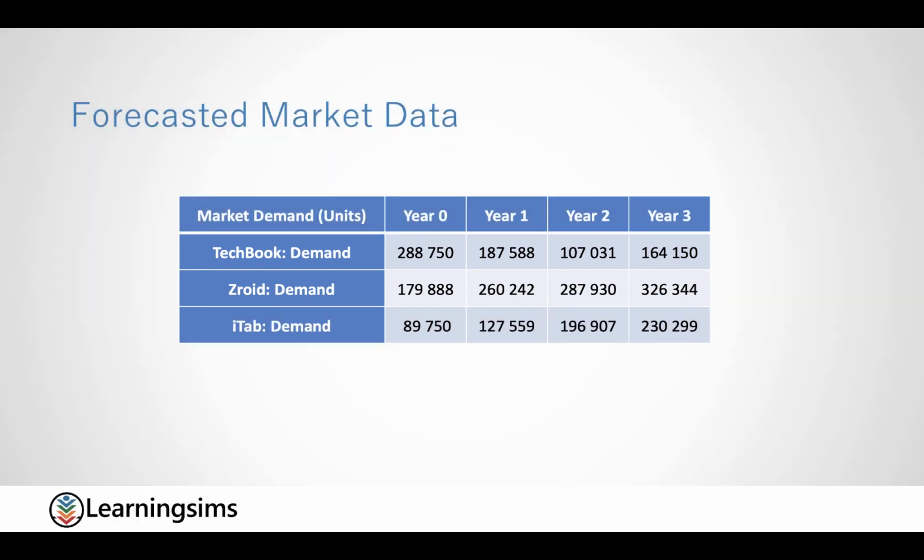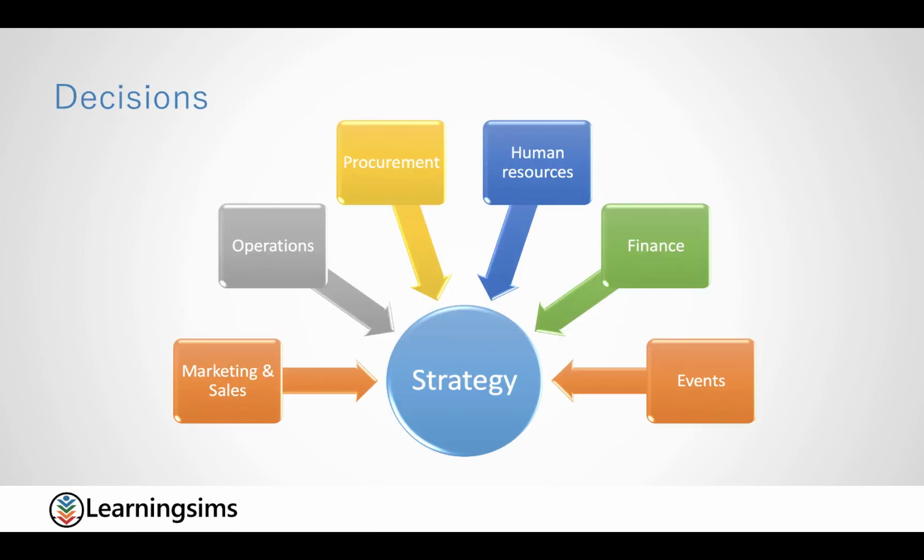Your job would be to make the decisions to allow you to take advantage of what is happening in the market. Those decisions are based on your strategy, and you will then implement your strategy through different decisions in marketing and sales, where you'll be setting prices, you'll be deciding on the market share, how you're going to distribute the product, and also advertising. On operations, you will deal with how you'll produce or you buy as finished products, and also the innovation of those products.